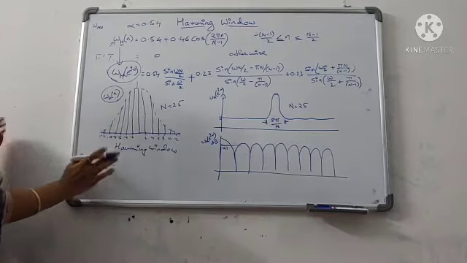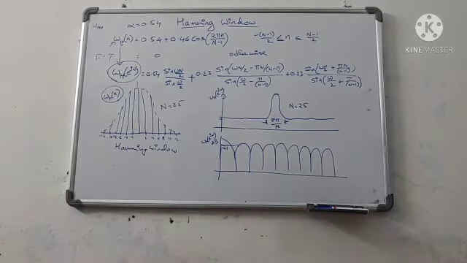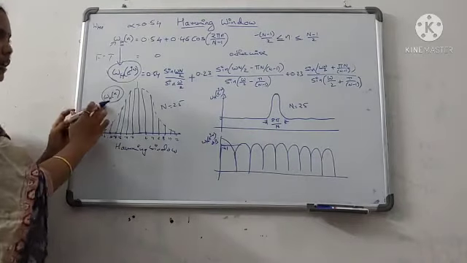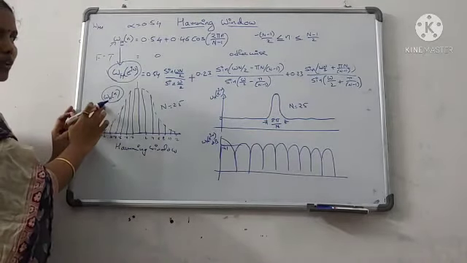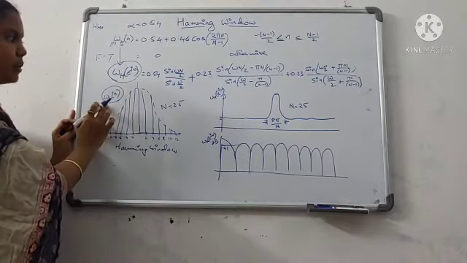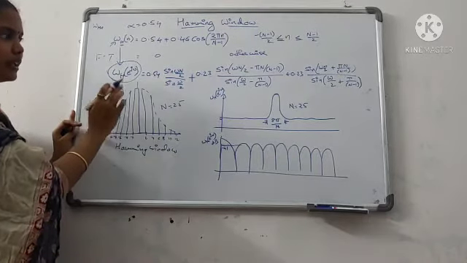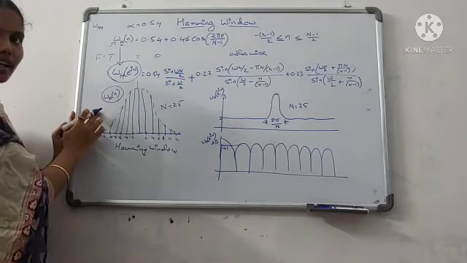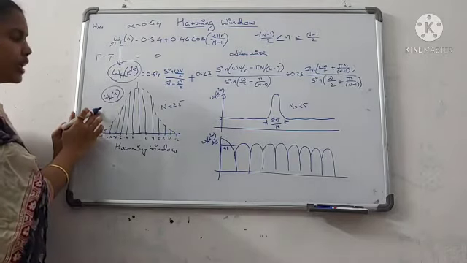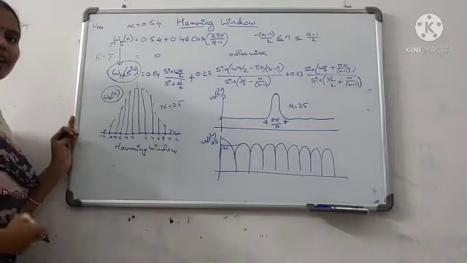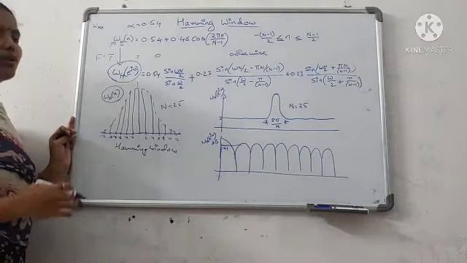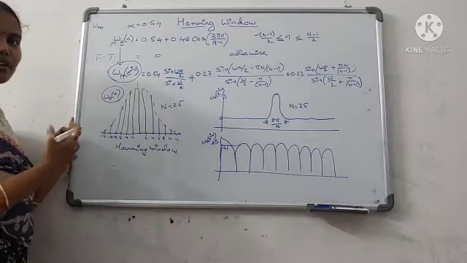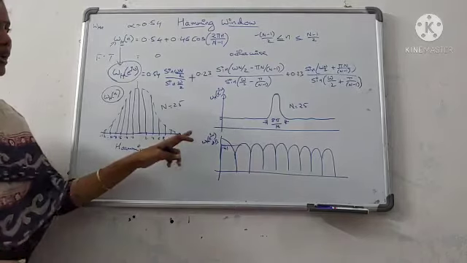In order to get a finite response, you multiply W_H of n with H_d of e power j omega. Now you get H of n, the finite impulse response. So to get the finite impulse response, we are using windowing techniques.